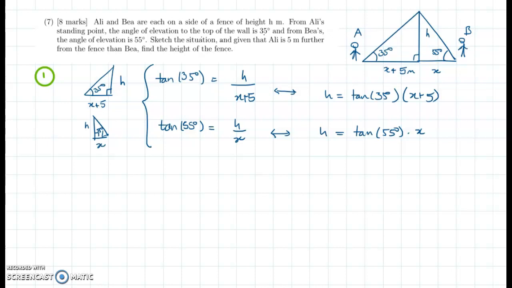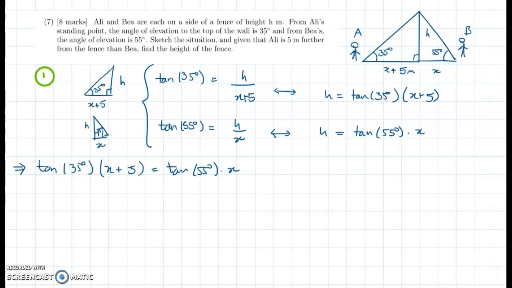So by substitution, we can say that tangent of 35 degrees times x plus 5 is the same as tangent of 55 degrees times x. Now we are trying to solve for x. You may be tempted to find in the calculator what are the values of tangent of 35 and tangent of 55, but I do not want you to do that because then you will be using approximations and that will be affecting your final result.